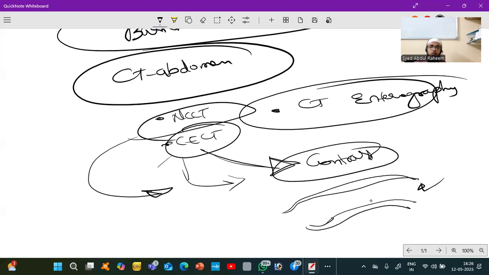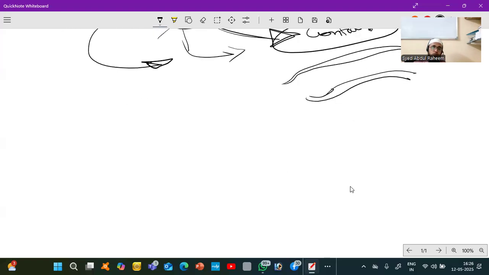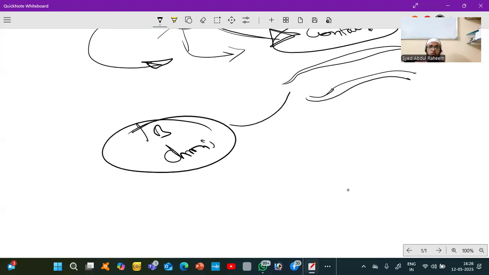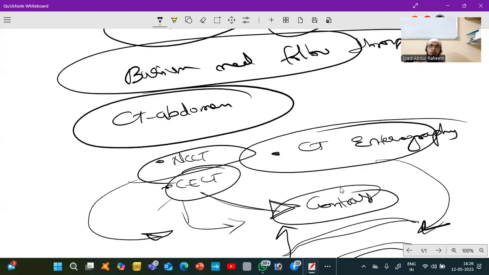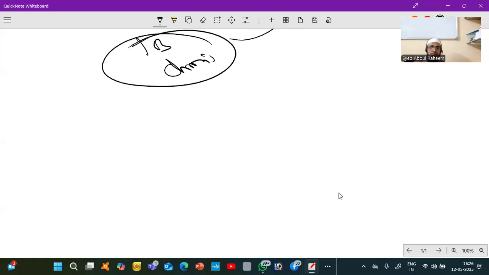CT enterography is mostly used in ulcer type of diseases like TB, Crohn's disease. In all this, we have to go through CT enterography. Okay, so this is how we would use CT abdomen.